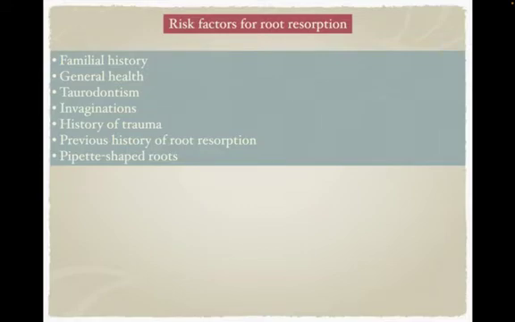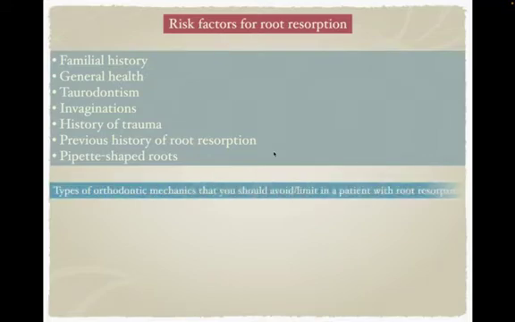If the patient has a history of trauma that resulted in a previous root resorption, this patient is at high risk of root resorption. As we said, a previous history of root resorption for any other reason, such as an earlier orthodontic treatment, will result in more root resorption after orthodontic treatment. And as we call them, pipette or pipe-shaped roots, which are narrower, will result in more root resorption.